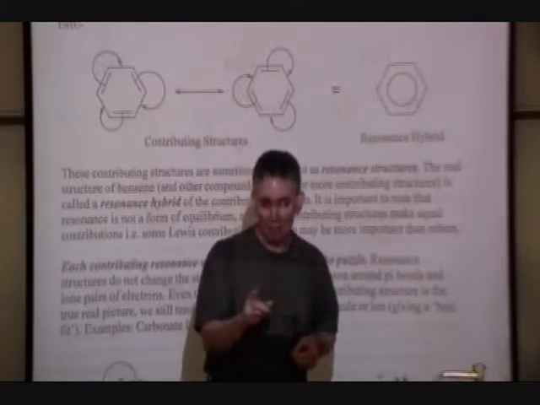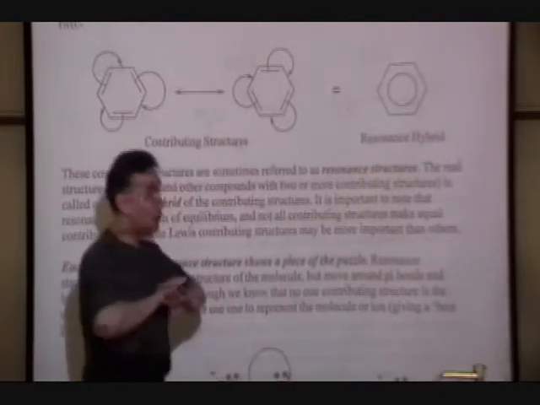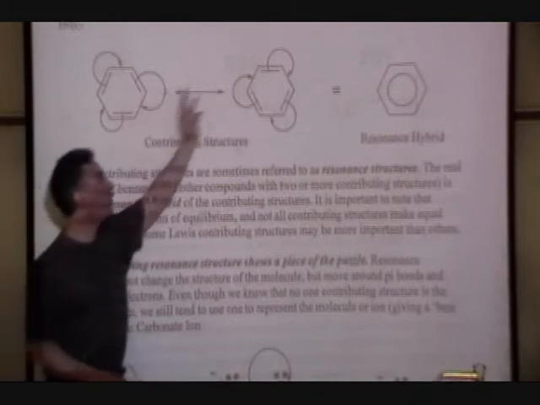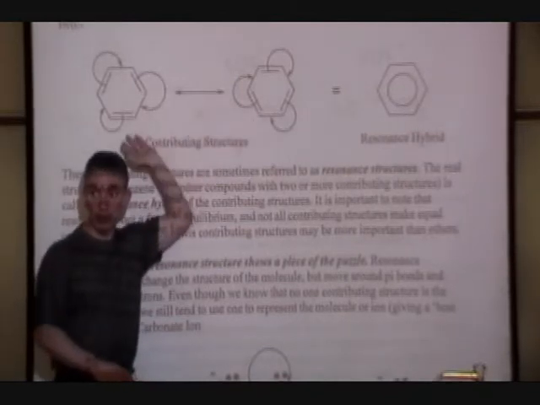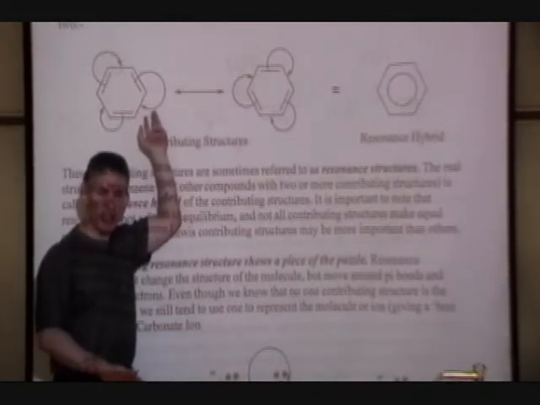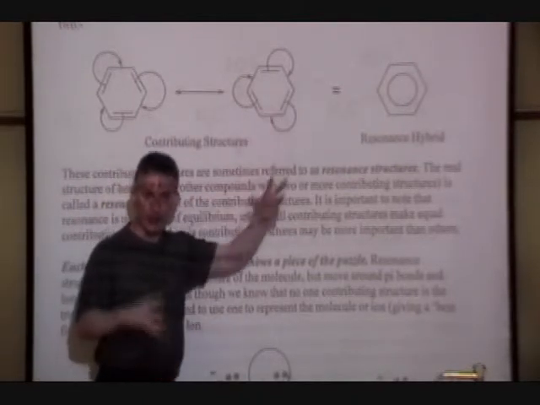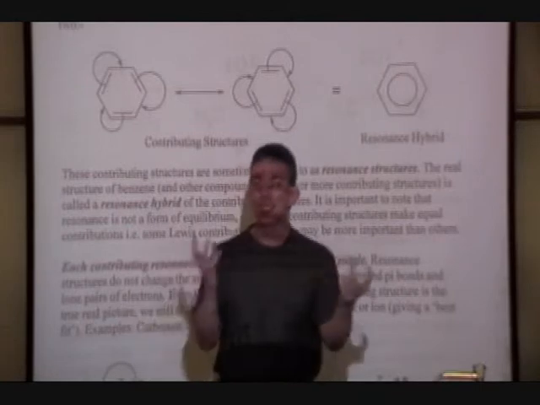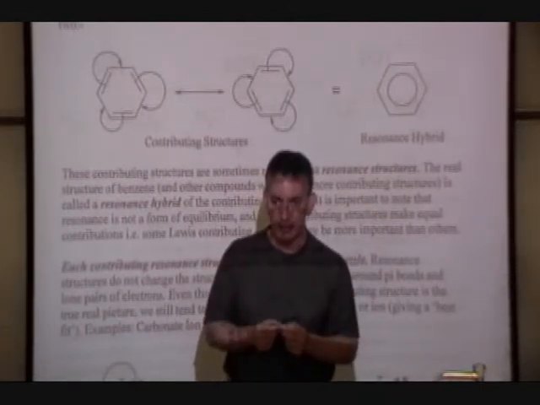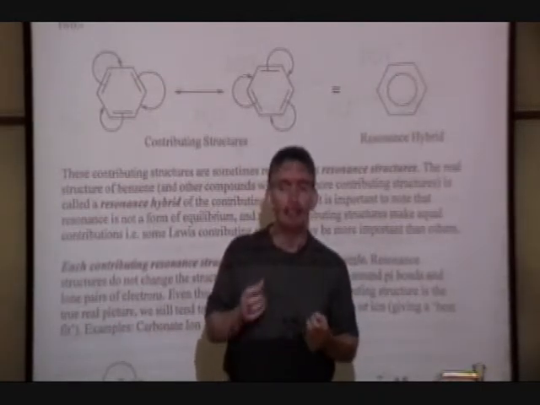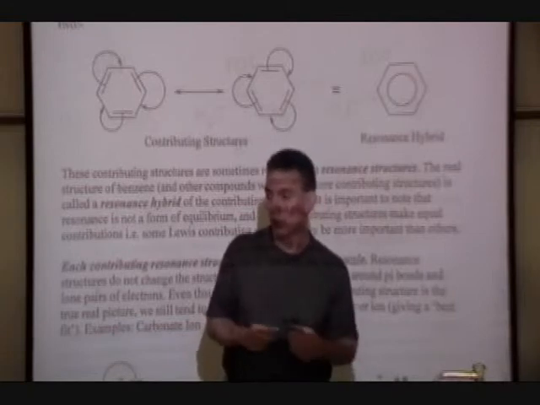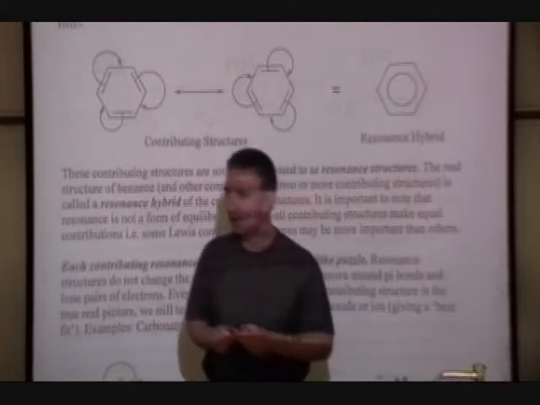What we're not saying, which often confuses people, is that these two molecules are in equilibrium with each other. The molecule doesn't actually exist as this, or like this. The true existence of the molecule is somewhere in between those two ideas. We just don't have the ability to draw, normally with Lewis structures, a single structure for it.